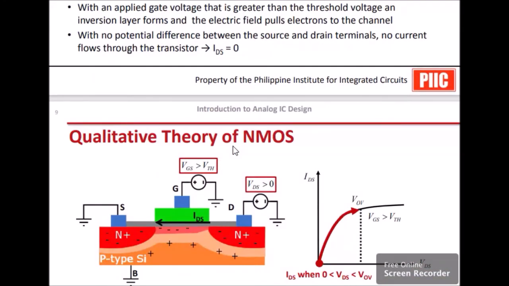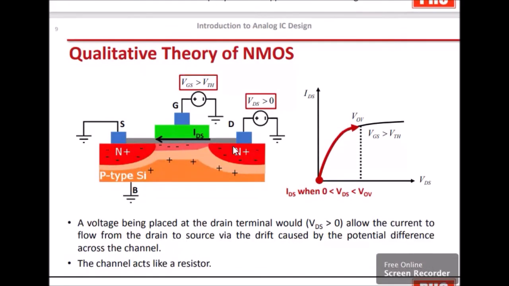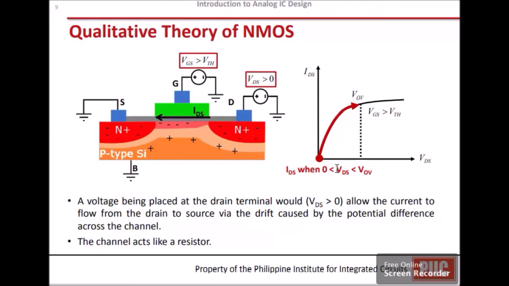Okay. So, meron din tayo ditong, continuation lang din naman siya. Okay. So, ito daw yung IDS, ang naka-red. Ito yung IDS when VDS, drain to source, is greater than 0, but less than yung VOV. Okay. Kung baga, linear pa yung kanyang property. Okay.